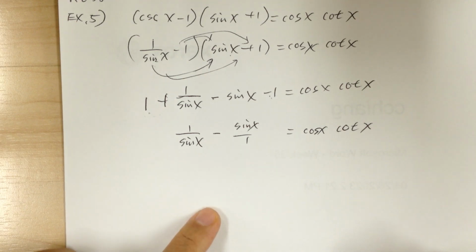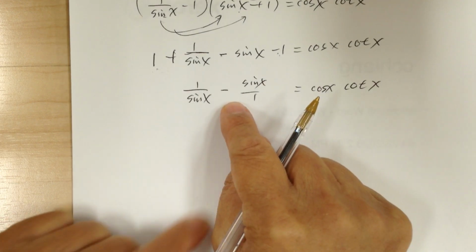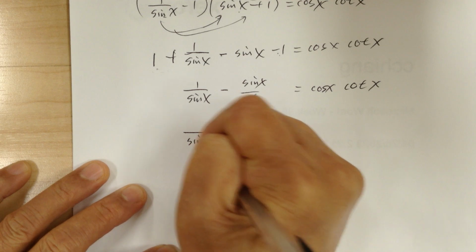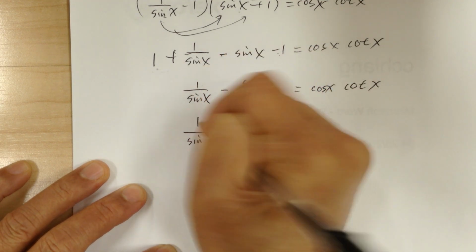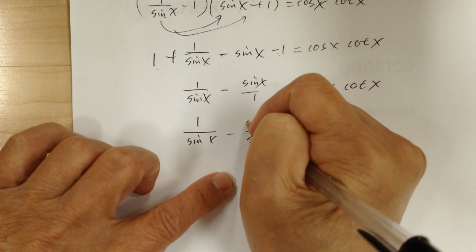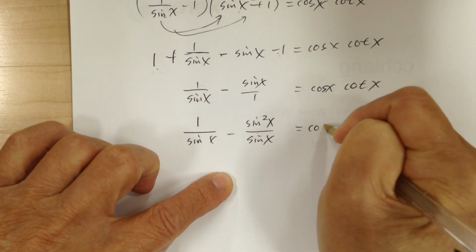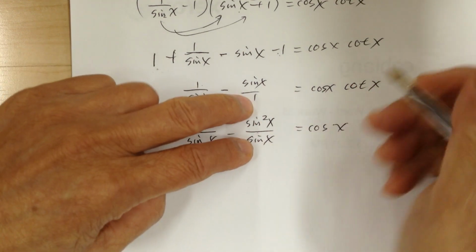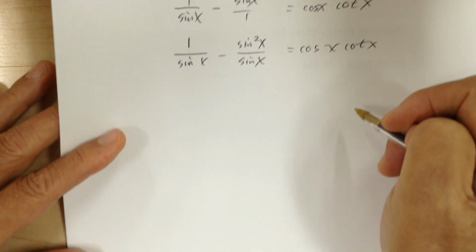So next step, if we're going to subtract something, we have to get the common denominator, right? So from here to here it's 1. From here to here, you have to multiply by sine x, so this becomes sine squared x.